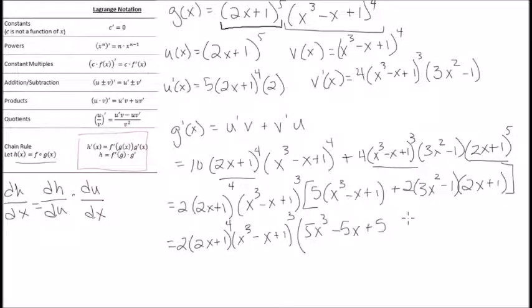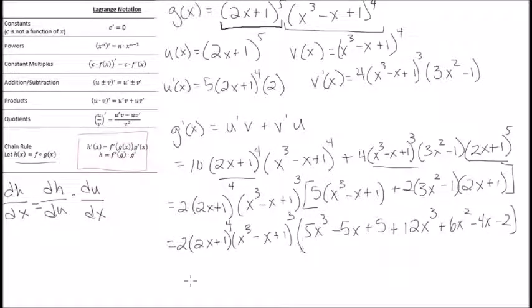I multiply all of this out. I FOIL it out. I get 2 times, this would be 6x³, so that would be 12x³. I multiply that out. I get plus 6x². I do the inside of the FOIL. That would be minus 2x, so minus 4x. And then finally, that times that is −1 or just −2.